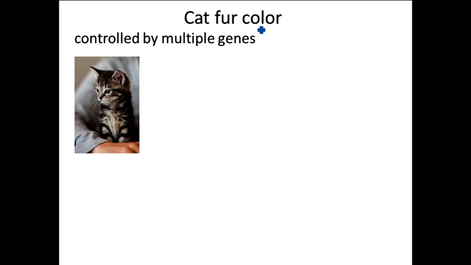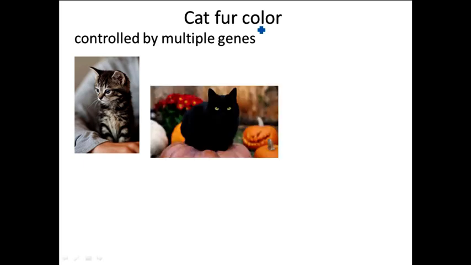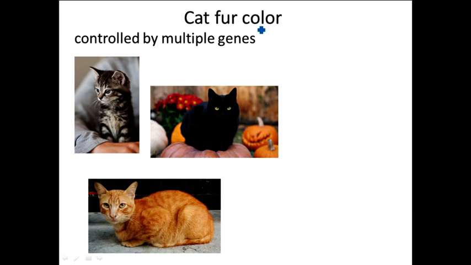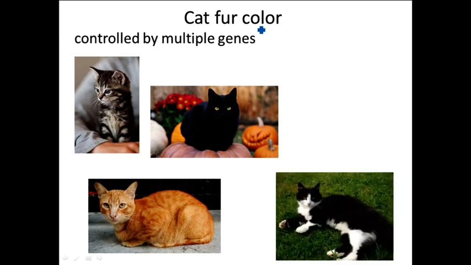There's a gene that controls whether or not the cat is tabby, so that's showing a tabby cat. There's a gene that codes for color, whether it's black or orange. There's a gene that codes for distribution of color, so whether or not the cat has white patches or is solid.